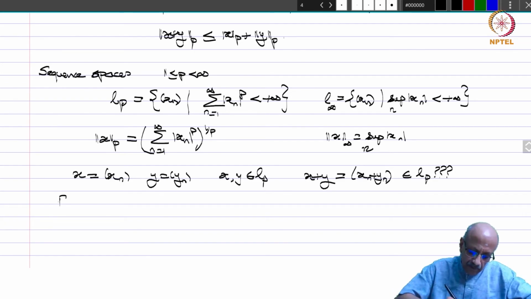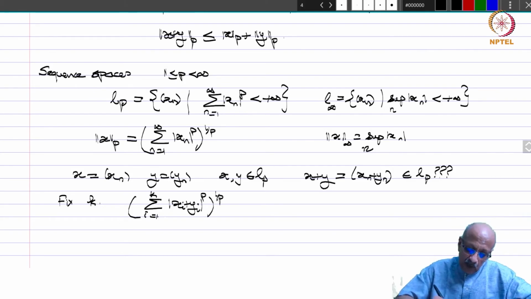Okay, fix k. Then the sum from i equals 1 to k of |x_i + y_i|^p, whole power 1 by p. This is the ℓ^p norm of (x_1 + y_1, ..., x_k + y_k).